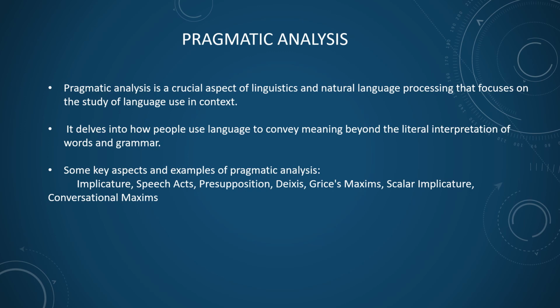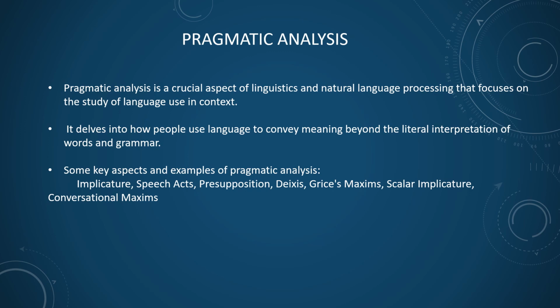The first one is implicature. Implicature refers to the information that is implied or inferred in a conversation but not explicitly stated. It can be divided into two types. The one is conversational implicature. These are implied meanings that arise due to conversational principles.